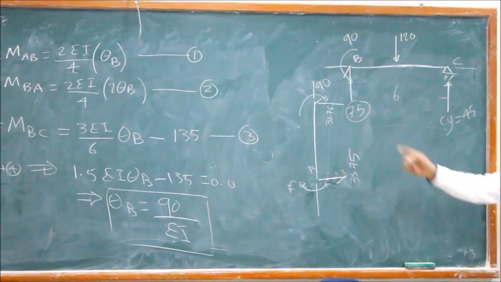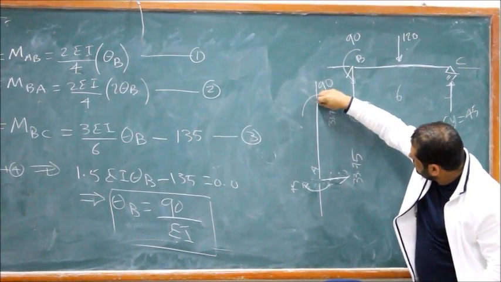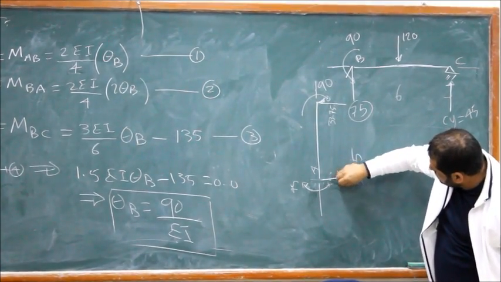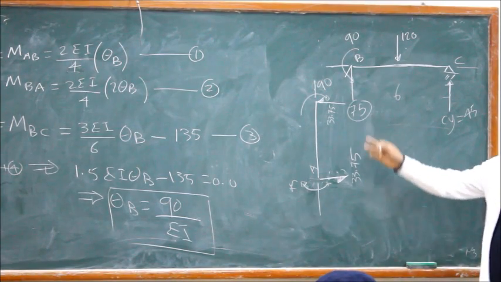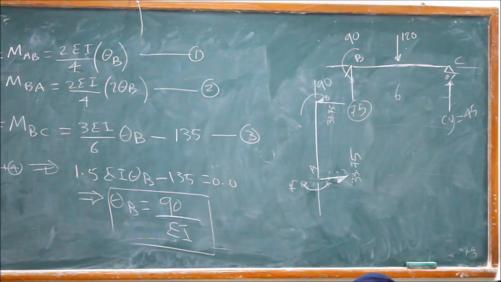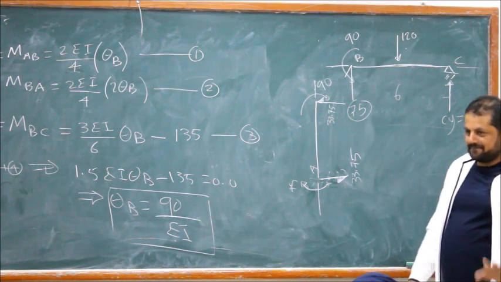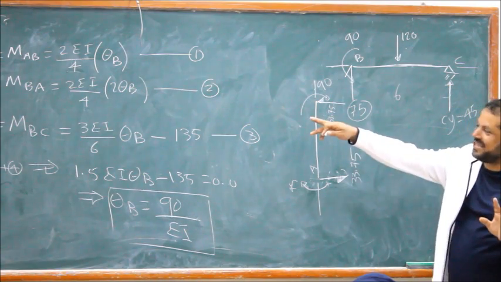Good? So now look, this is this way, and this is this way. Now, how much is the axial in the beam? Very good. This is the key.